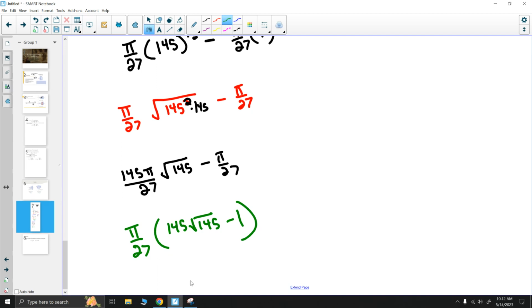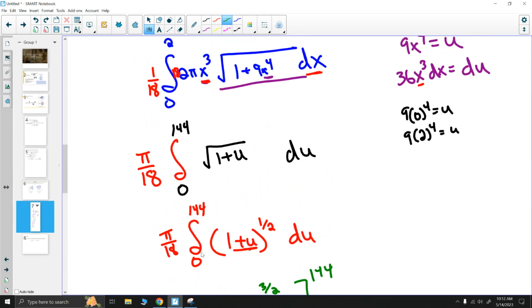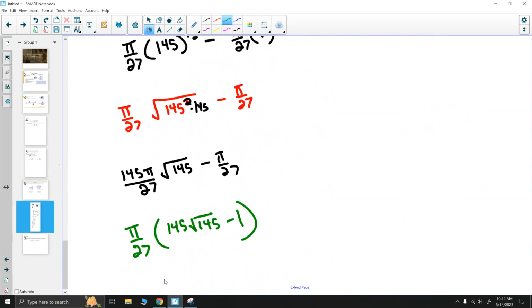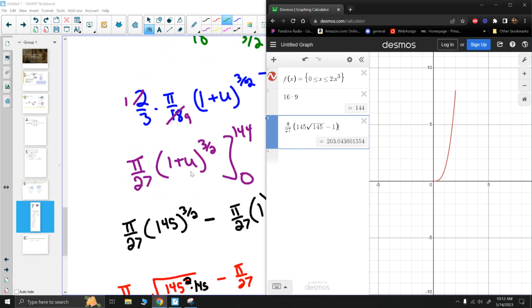All right. Now, we can double check that this is, in fact, our area by checking our integral. I mean, double checking our integral, at least making sure that we did our integration correctly. So let's go ahead and take a look at this thing. Pi over 27 times 145 square root 145 minus 1, since there's a lot of room for error here, right, in our integration. So I just want to double check. This is 203.